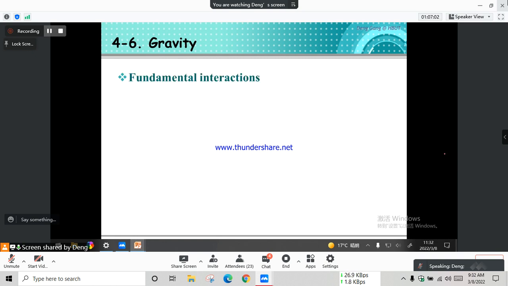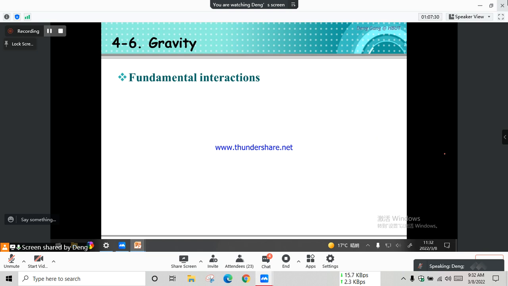Okay, we know gravity, and the elastic force, and also the friction, and maybe the drag of the air, like that. So all these forces are the forces in our daily life or in mechanics.